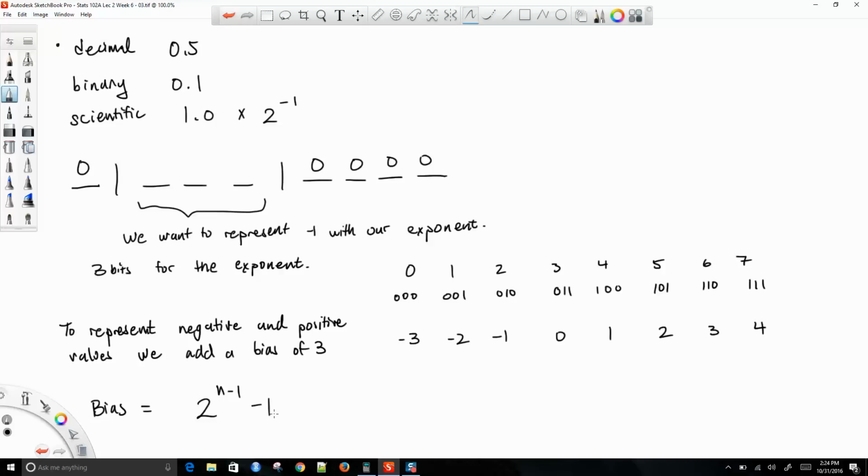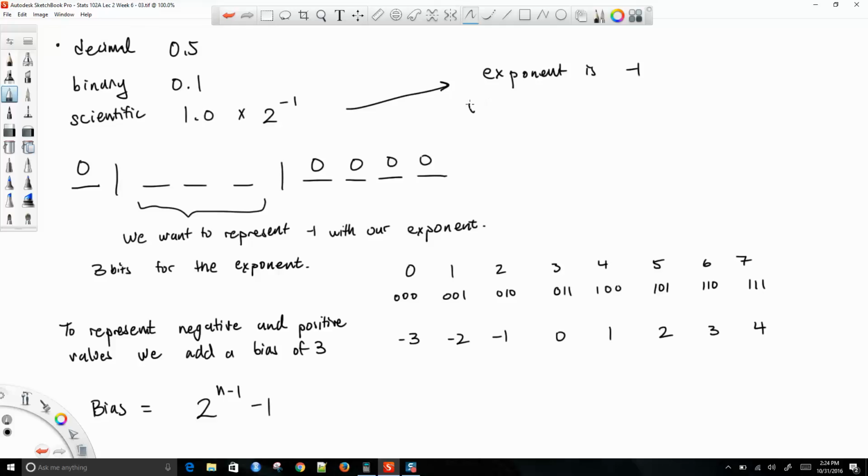So rather than subtracting 4, our bias will be subtracting 3. In order to represent this value of negative 1, the exponent here is minus 1.